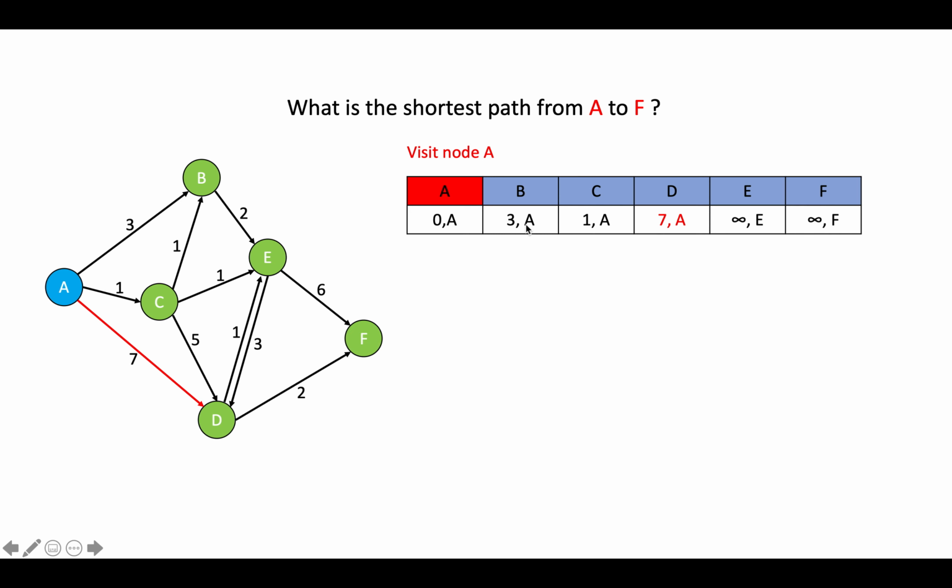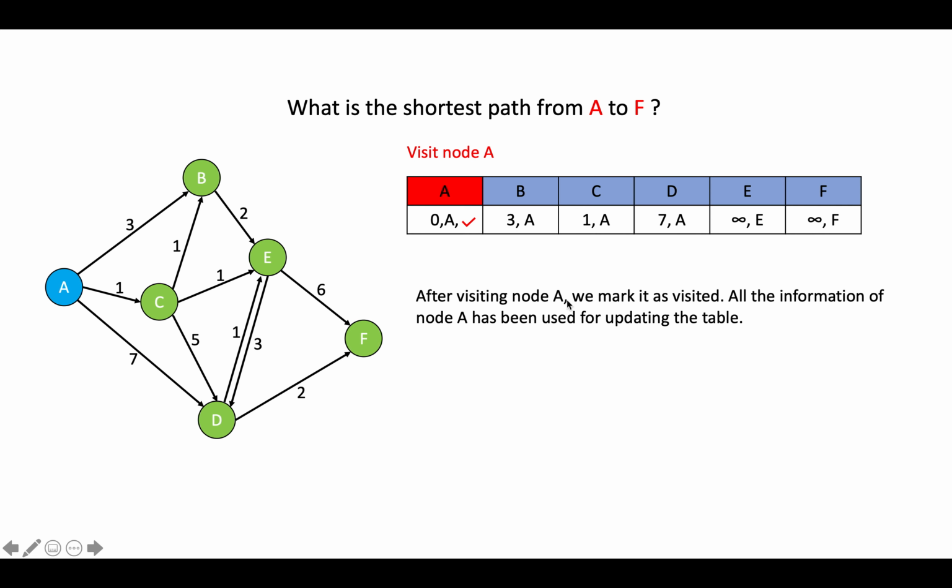After we have traversed all the neighbors of node A, we have used all the information that node A gives us. So after visiting node A, we mark it as visited, as finished, and we use a check symbol here to mark it.